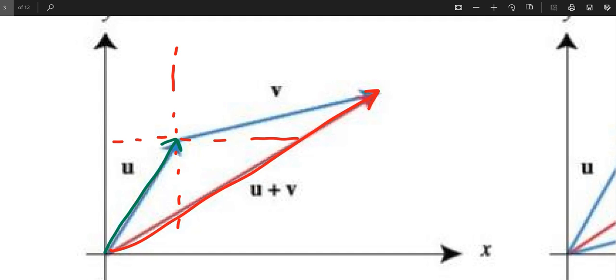The vector u plus v goes from the original origin location to the tip of the second vector.